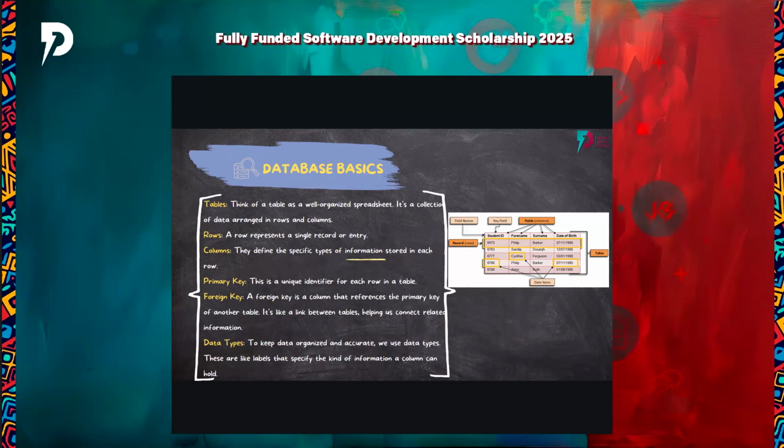It's a collection of data arranged in rows and columns. What's a row? A row represents a single record. This is what we call a row. Please look at my mouse there. And then we have a column. These are what you call columns. Columns define the specific types of information stored in each row. Another name for column is an attribute.